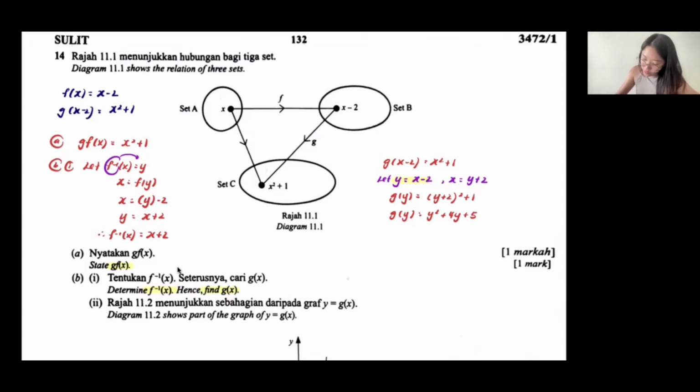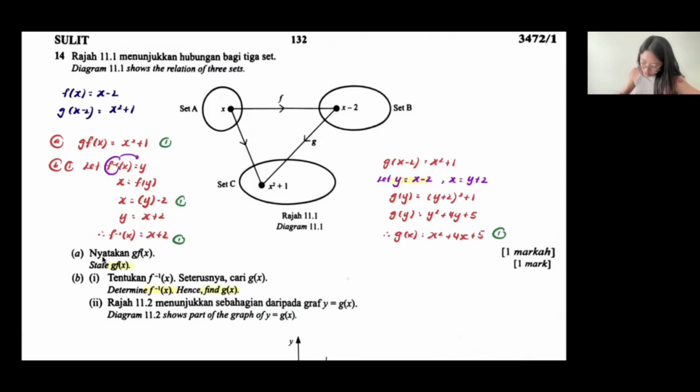Then nothing to do already. You change the y's back to x. Done. So 1 mark over here for A, 1 mark here, 1 mark here for the g(x) part. So 14A and B, part 1 done.